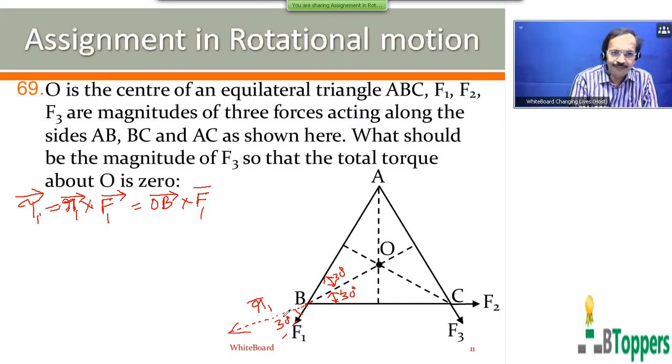And for the direction of tau 1 bar, we can apply the right hand thumb rule of the cross product of the vectors. It acts outwards.